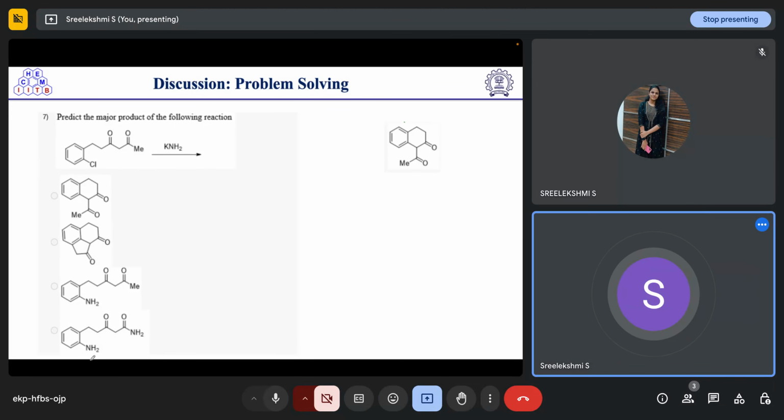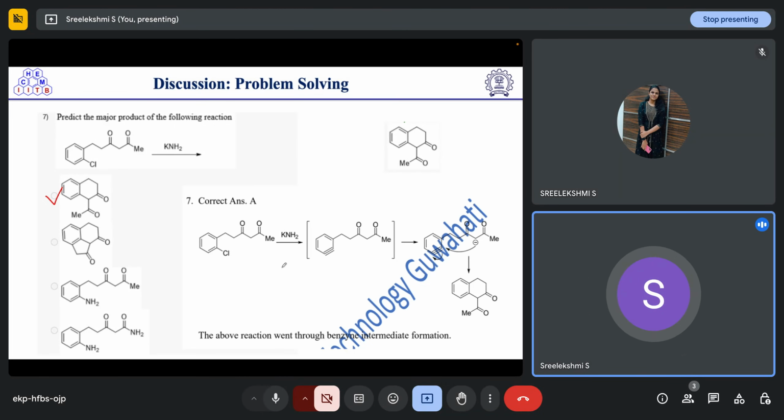So here the correct answer is option A. And what is happening here is basically a benzyne intermediate formation. So this KNH2, which is basically a base, will take up this proton. So this will move to here and this will eliminate to form this benzyne intermediate.